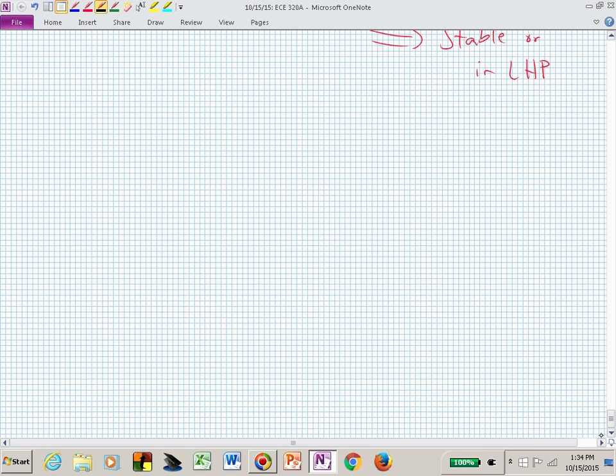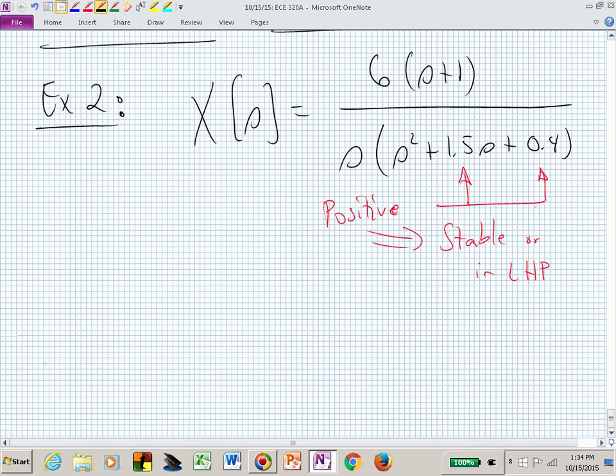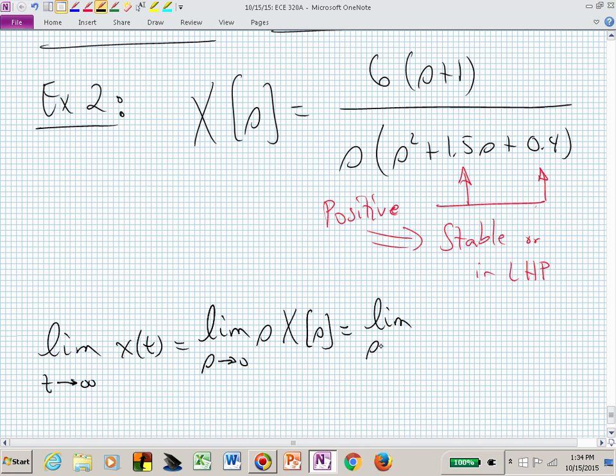All right, so now we have capital X of S. Let's now look at what little x of t does in the limit as t goes to infinity. That's now the limit as s goes to 0 of s X of s, which is the limit as s goes to 0 of 6 s plus 1 over s squared plus 1.5 s plus 0.4. Meaning I've already canceled the s in the denominator expression.